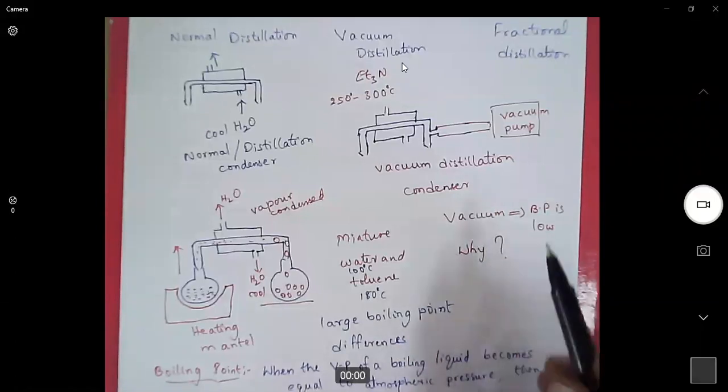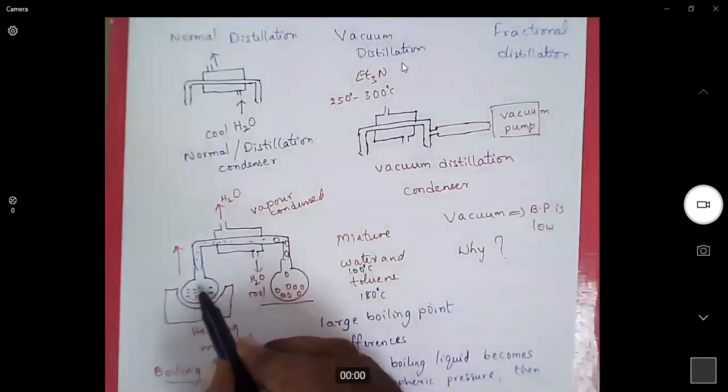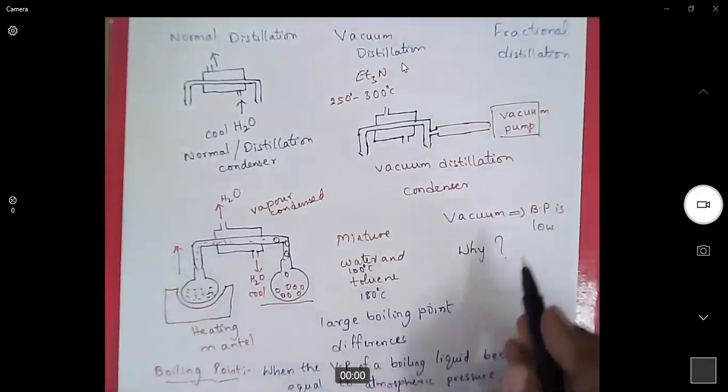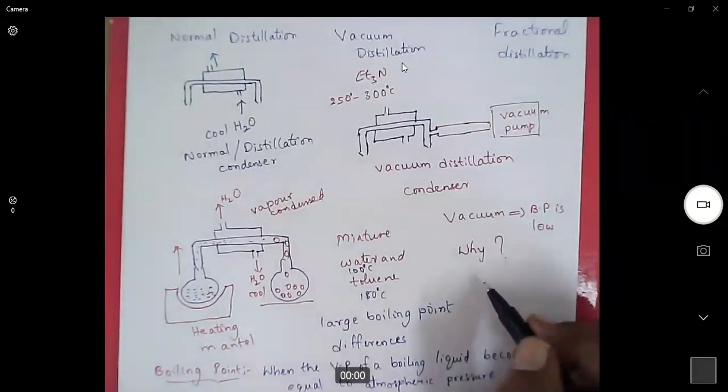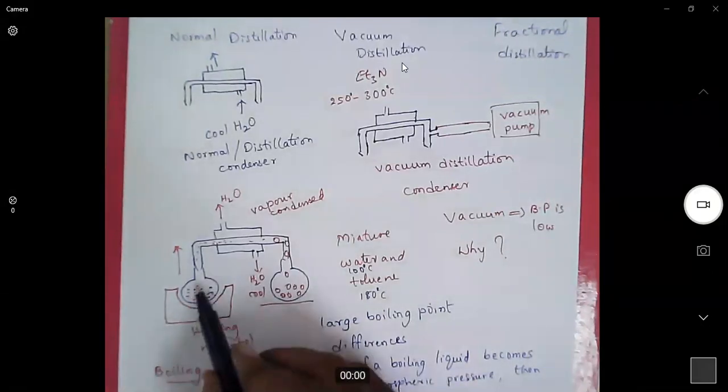When we apply the vacuum pump, whatever pressure is inside the instrument will be completely removed. When there is no pressure, the vapor pressure of the liquid will easily match the low pressure here.